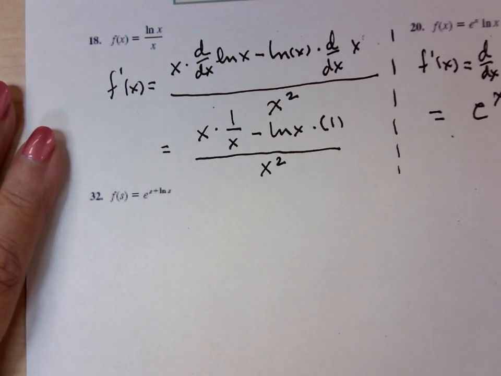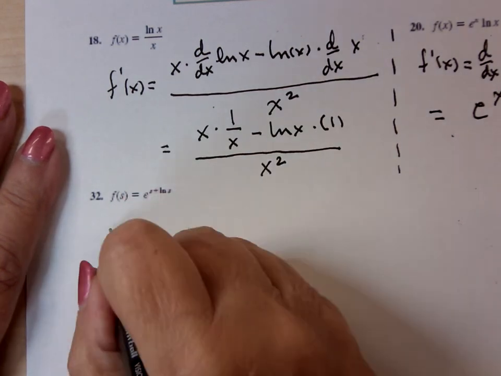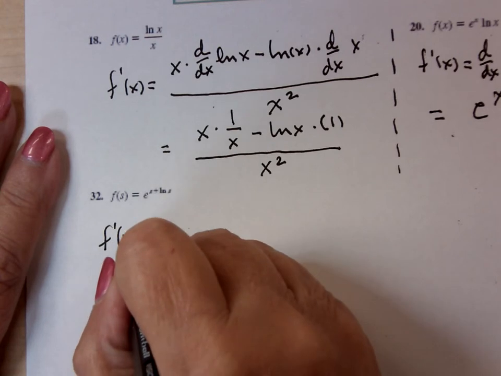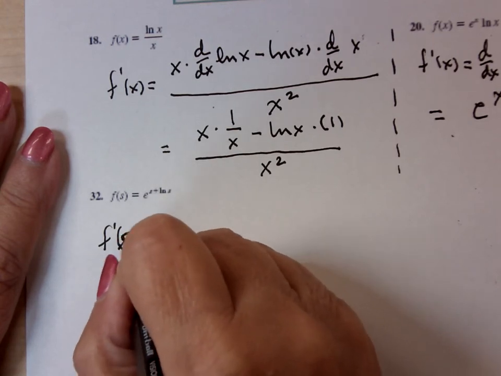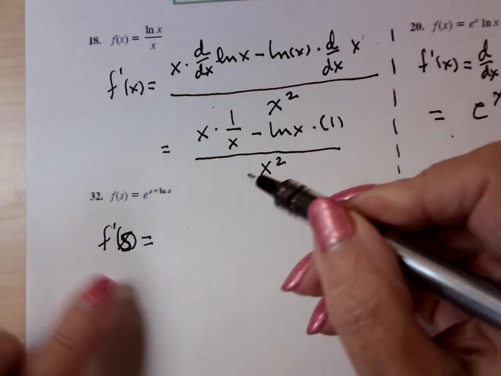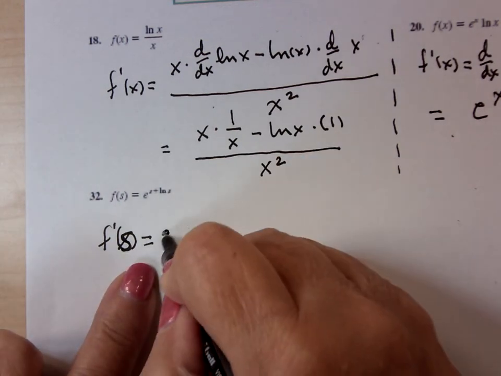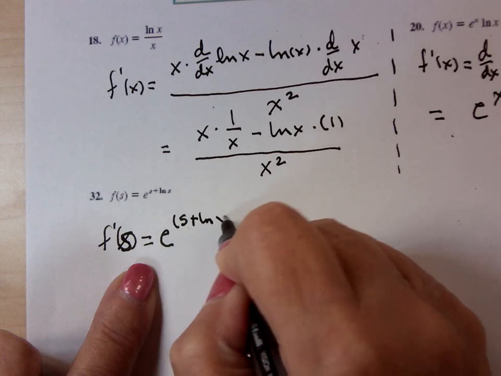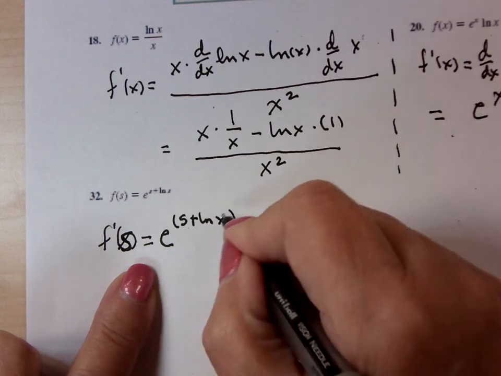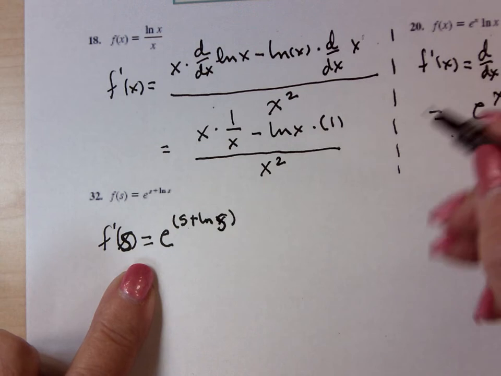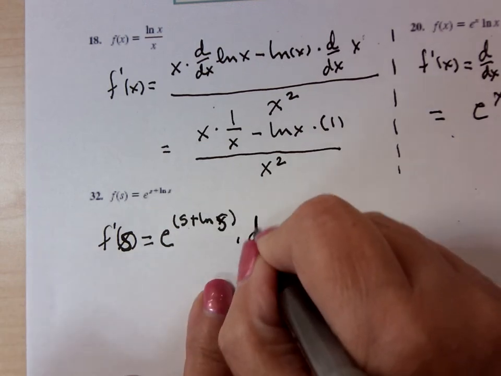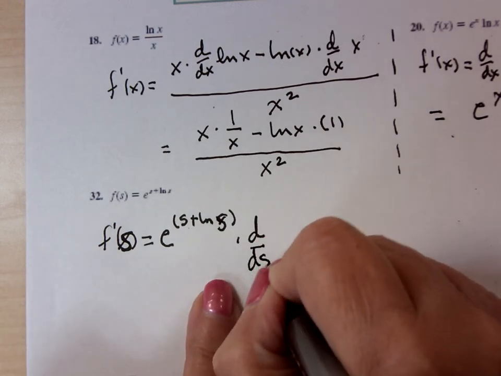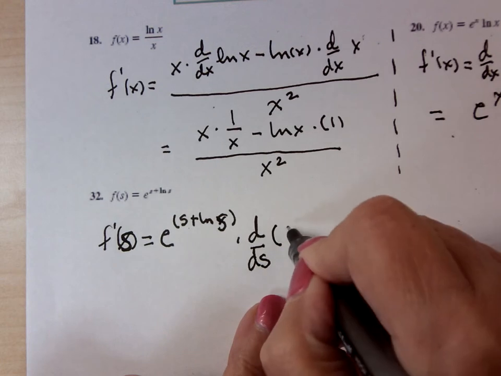Chain rule. So f prime of x is e to the blob, or s, I hate s's, times the derivative, so it's s of the blob.